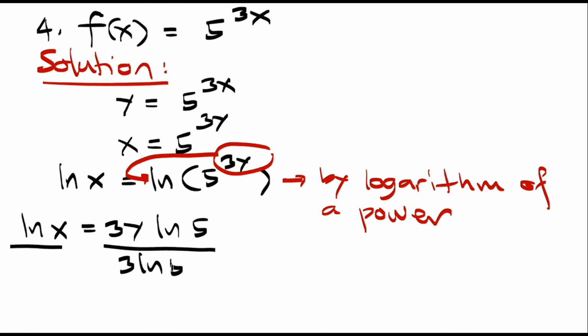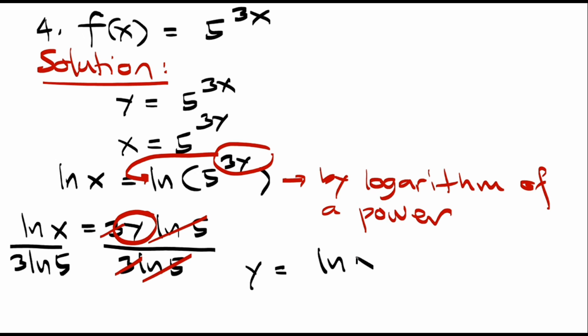3 ln 5. So we can cancel 3 and ln 5, leaving us only y. So we have now y equals ln x over 3 ln 5.